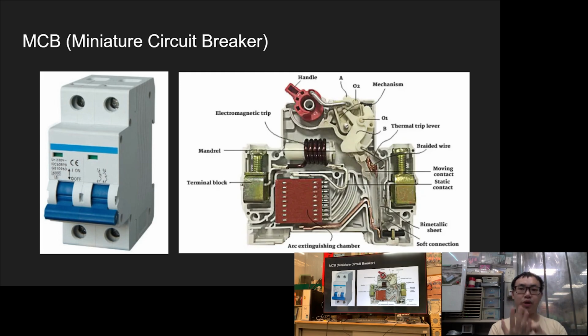So the circuit will break, and the connection breaks. This is how the circuit breaker works: using a very large current to generate a magnetic field to attract the bright line here.